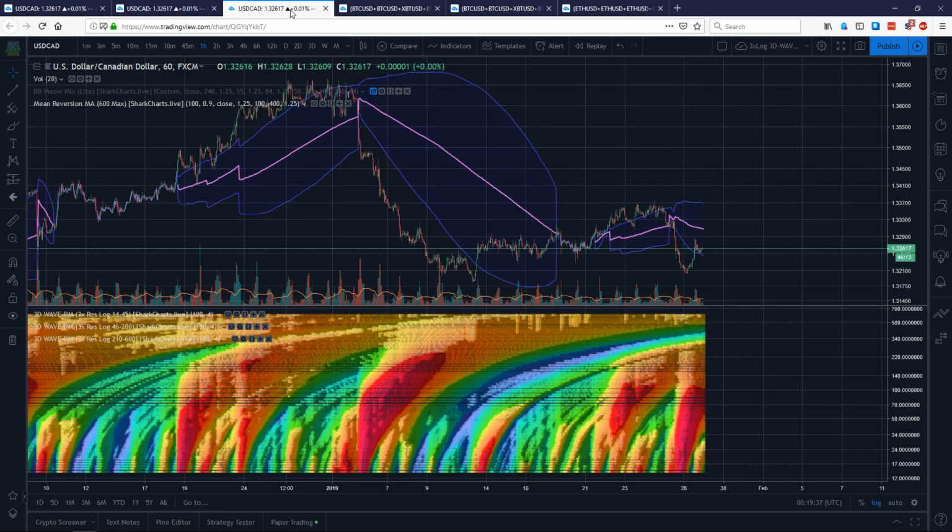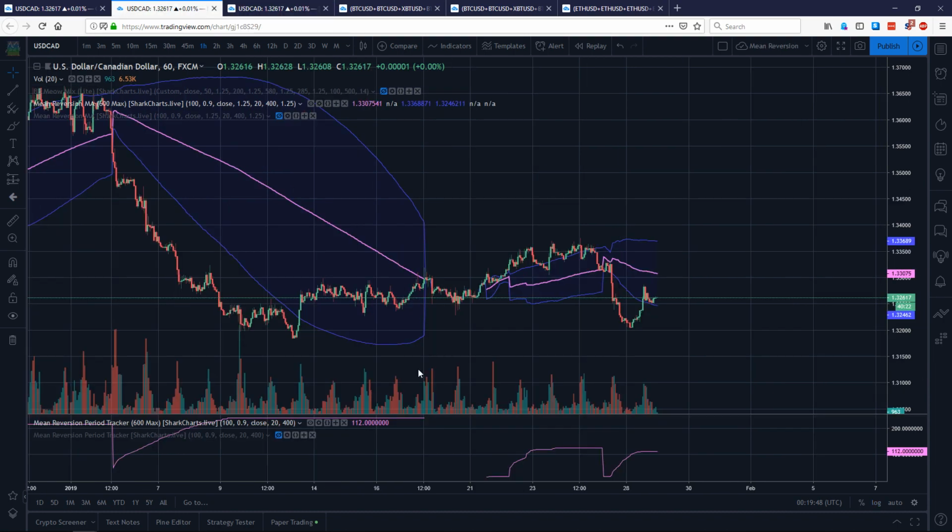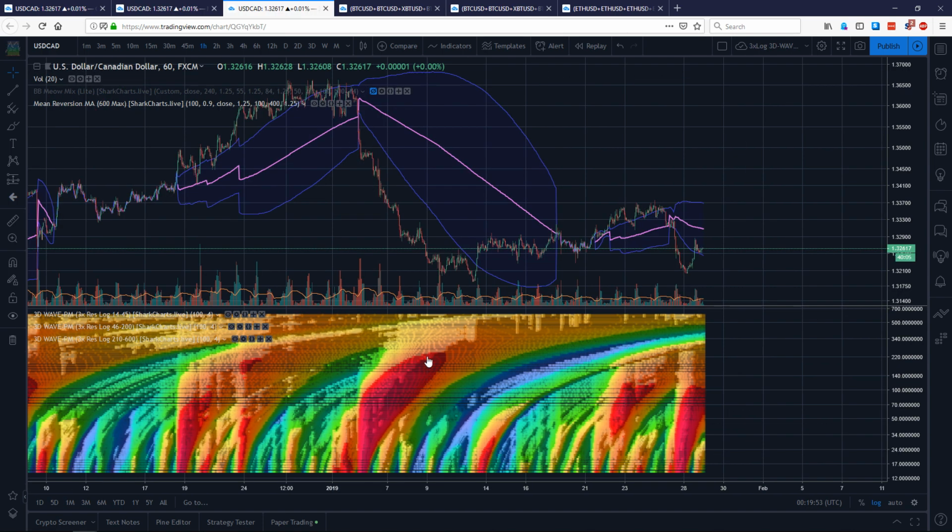So here I've pulled up the high-res 3D wave PM heat map for this chart. It was 240 period. It's the longest overexpanded period here. Indeed, this plume is the 240 period. And here I'd like you to focus on what happens after that plume.